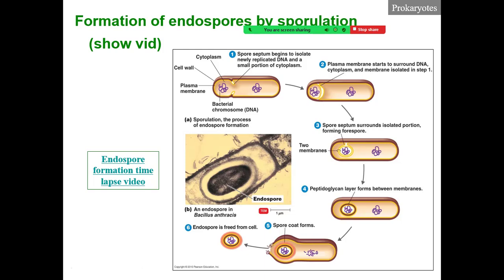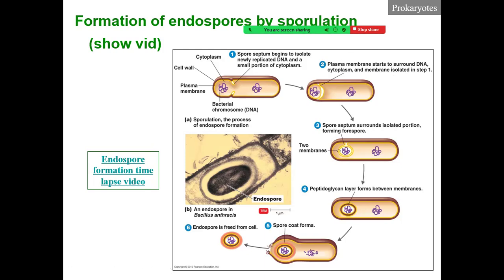It normally divides in half, splitting the cell equally in two parts. In endospore formation, the cell divides with a little cell on one end and a bigger cell on the other end.